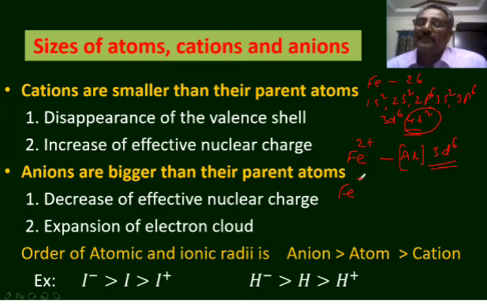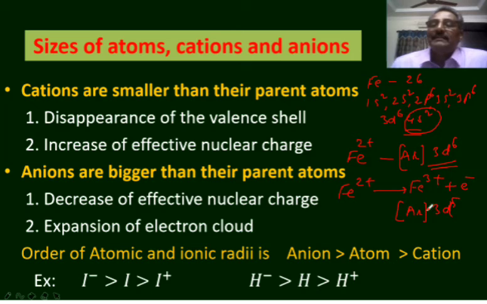Iron can also form Fe3+, that is, the ferrous form of iron can be changed to the ferric form by the loss of one more electron. If iron loses one more electron, its configuration will be Ar 3d5. Here the shell has not disappeared in this change.